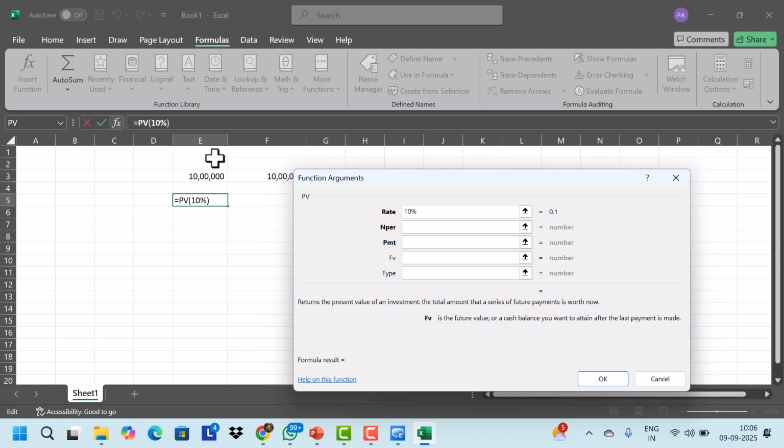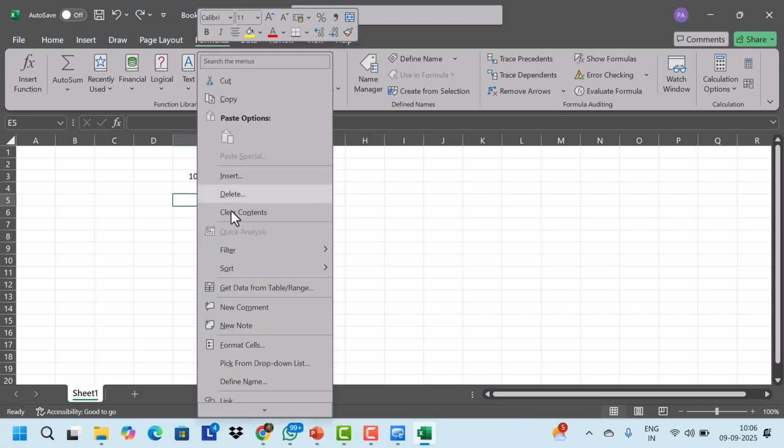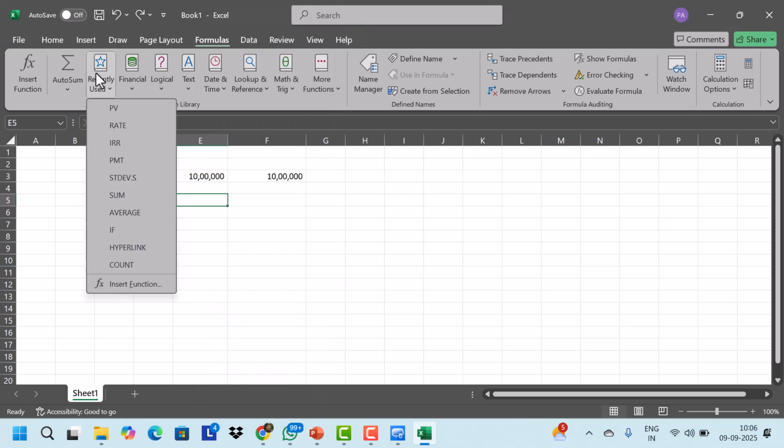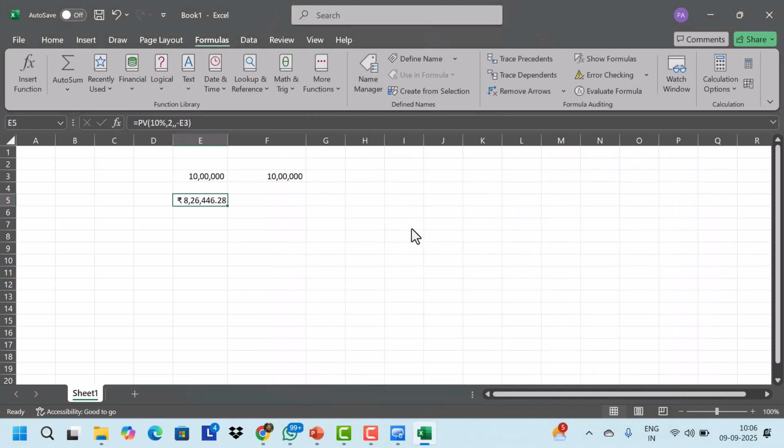This. 10%, and NPER is 2. Present value. Okay.